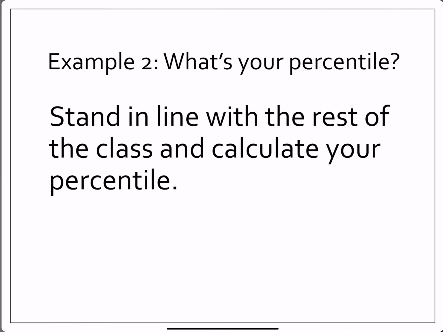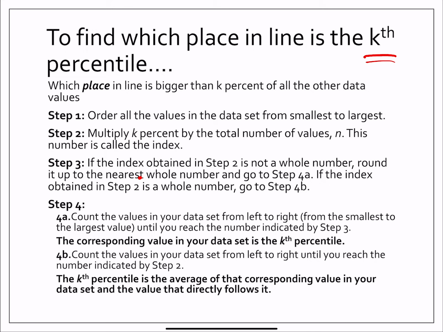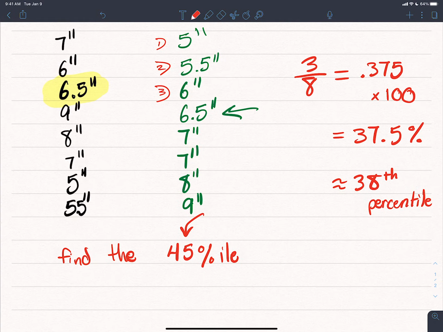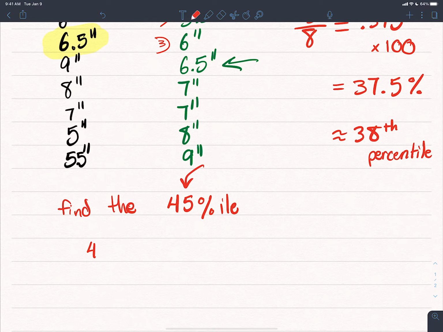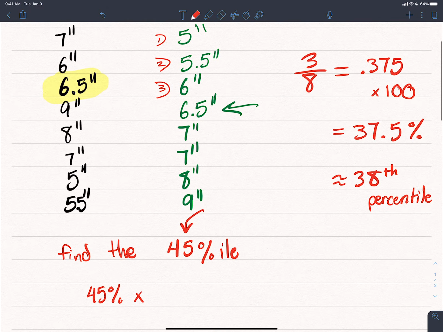So the percent is this 45%. So it says multiply the k%, or 45% in this example, by the total number of values in the data set. So we're going to do 45% times n. How many values are there? There are 8 values. Now we can't do an operation with a percentage like this, so we need to actually change it into a decimal.